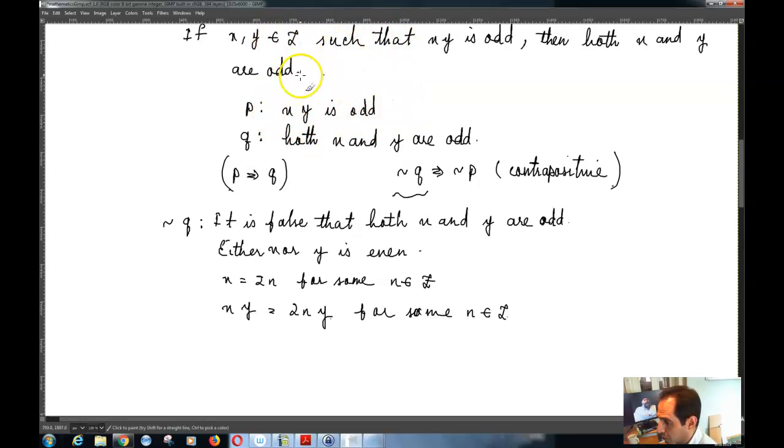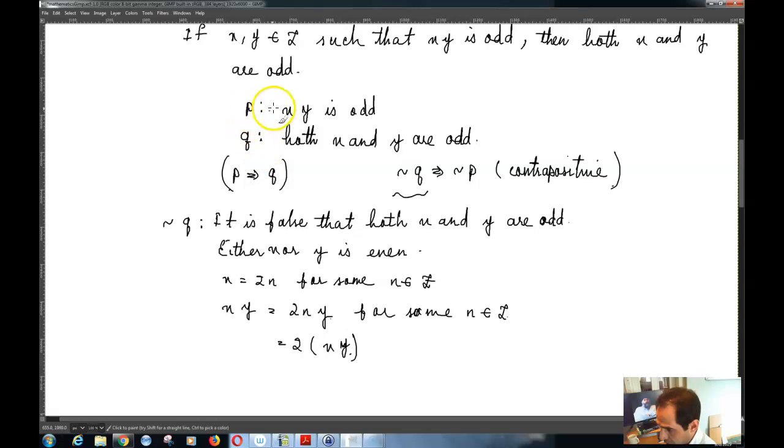Here we said that xy is odd, but here we can see that xy is actually even, because you can write it as 2 times x times y. And since it's a multiple of 2, it's an even number. So not P is true.